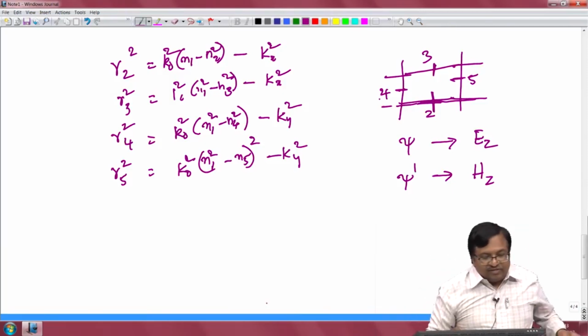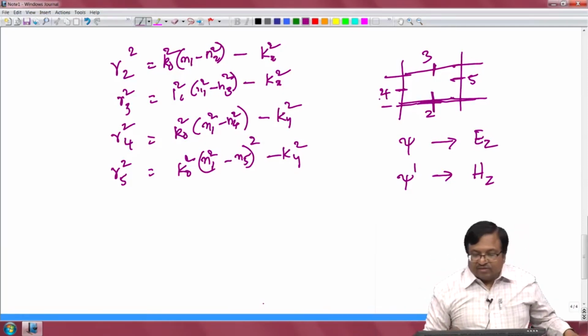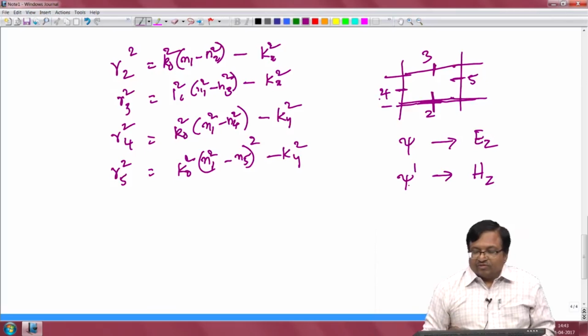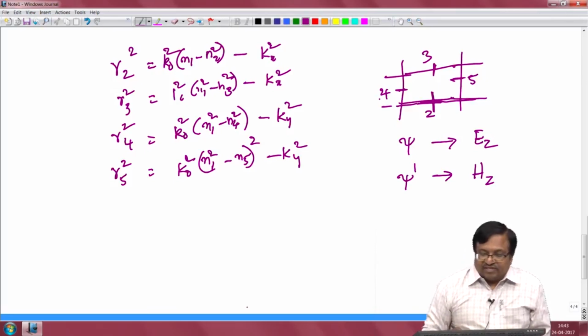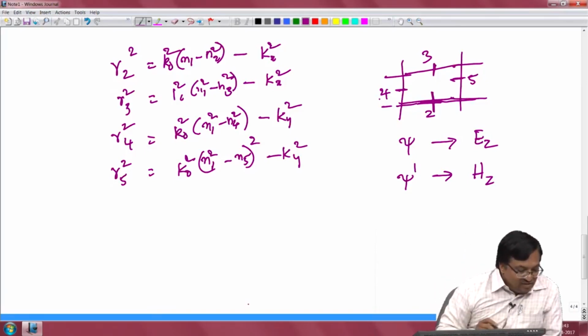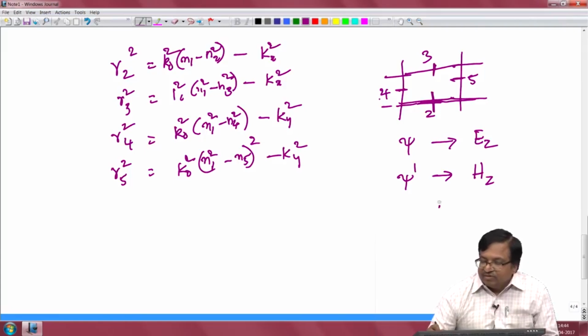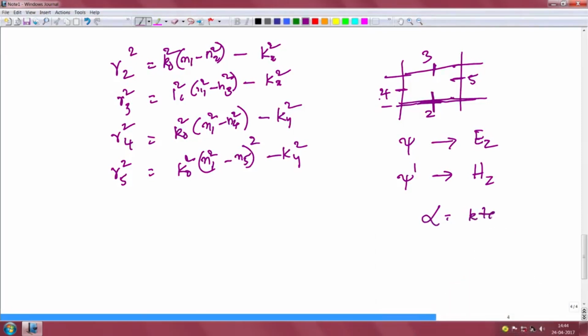Depending on the way that you formulate the scalar wave equation, you can choose the appropriate form of the Ez and Hz and relate them to the wave functions psi and psi dash. So, finally, like in the case of a symmetric slab waveguide, recall that we have got equations of the form alpha equals k tan k w by 2.